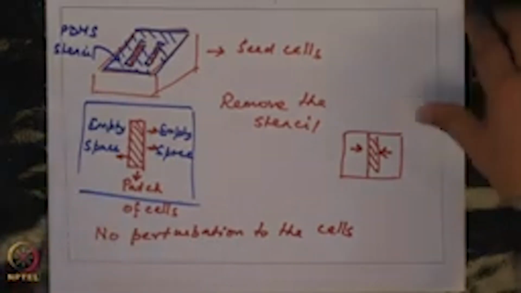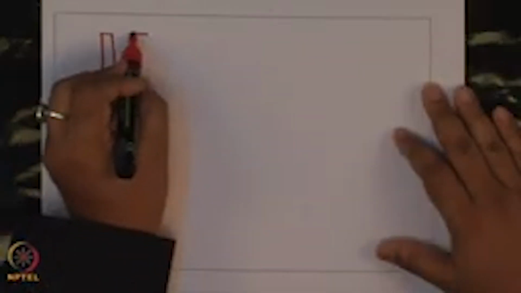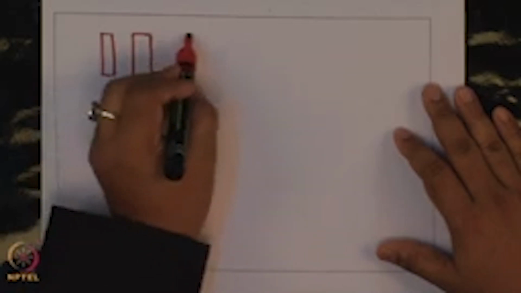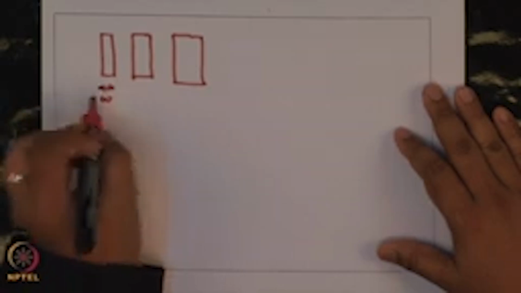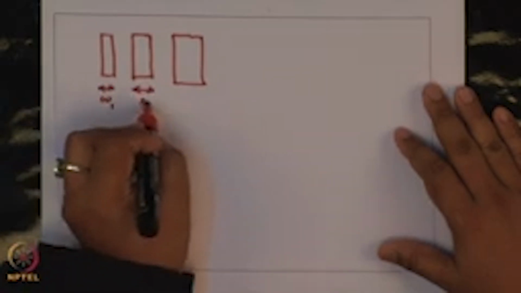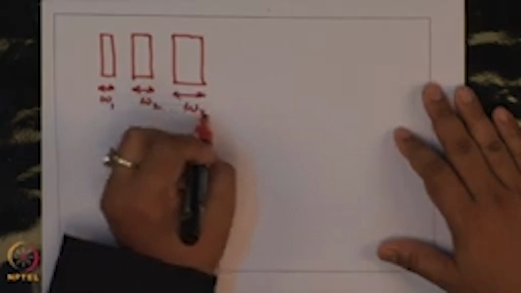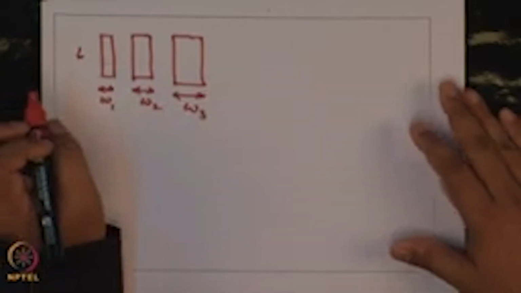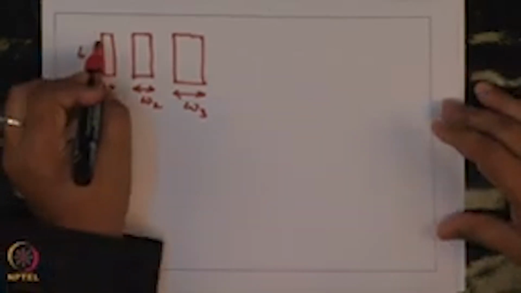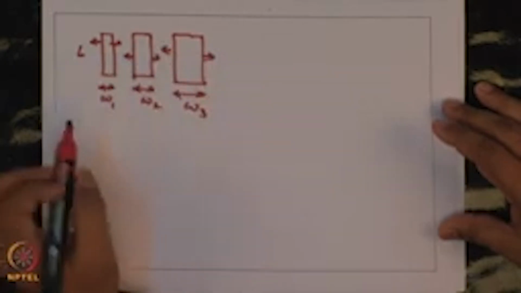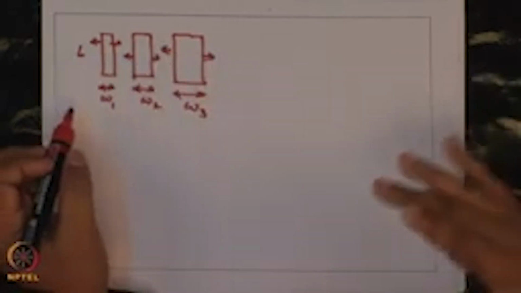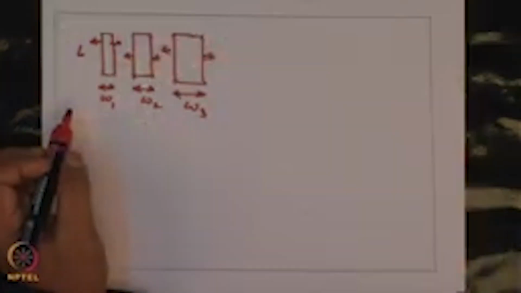So, what the authors did was they first asked, if they made these patterns of various widths, so they varied the width of the pattern keeping the same length, how did the outward movement of cells from these patterns vary depending on the width of these patterns.